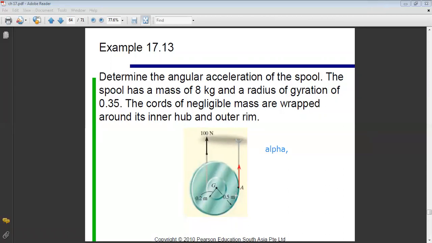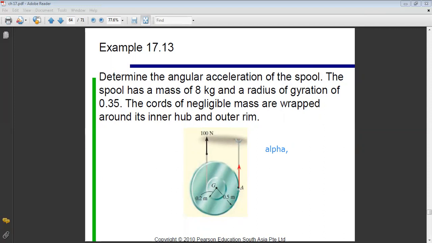Why is it zero? Because having rolling without slipping means that at this point the velocity is the same for the disk and for the cable. And because the cable is attached to the fixed level, we can say that the velocity at point A is 0.